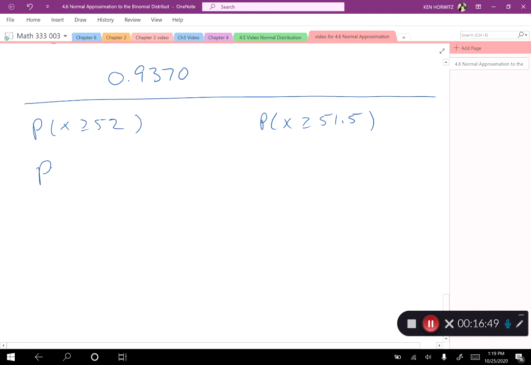If the probability of x was greater than 52, I used 52.5.